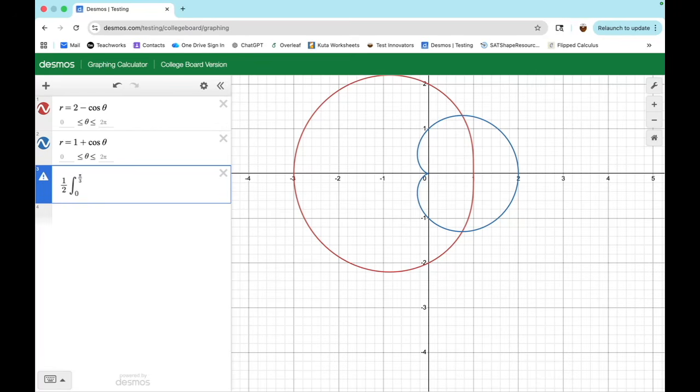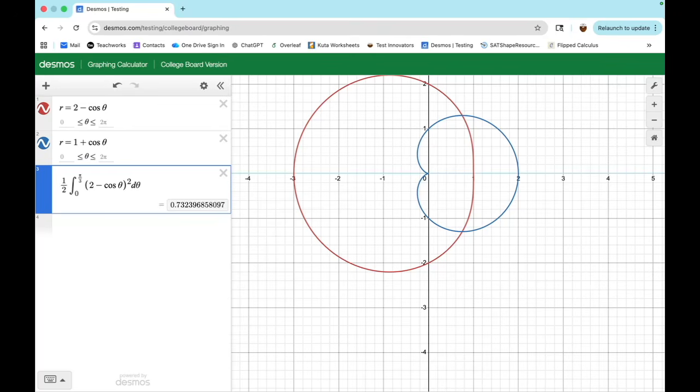So I'm only going to integrate the red one from 0 to pi over 3. So that is going to be 2 minus cosine theta, squared, d theta.